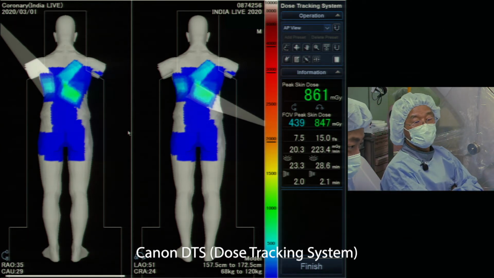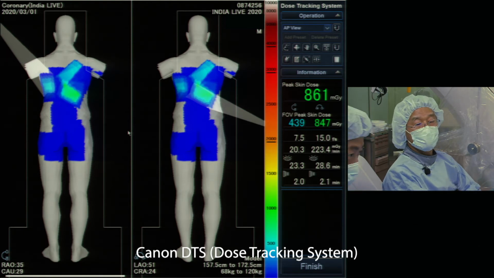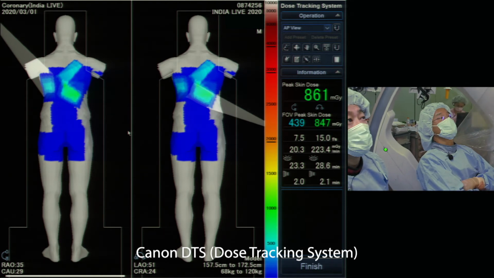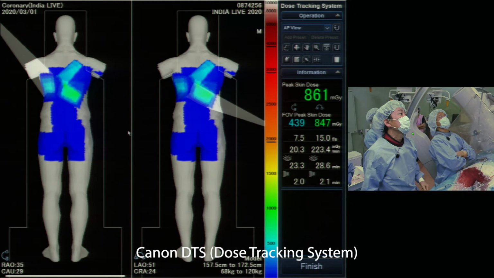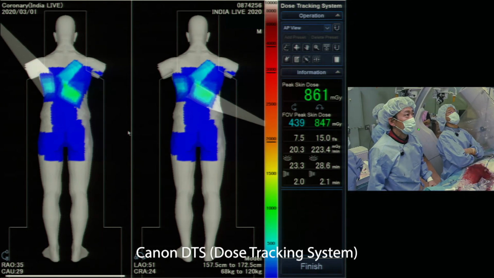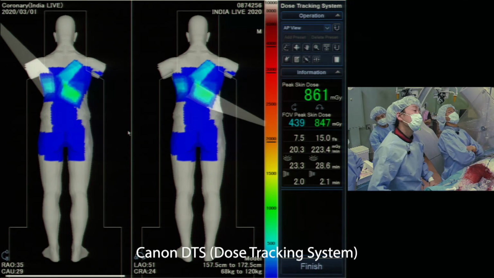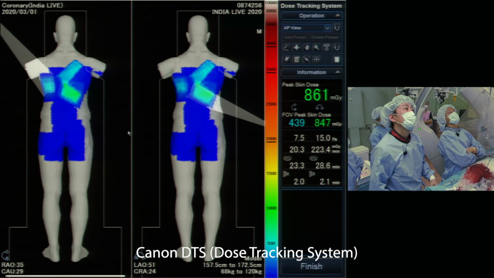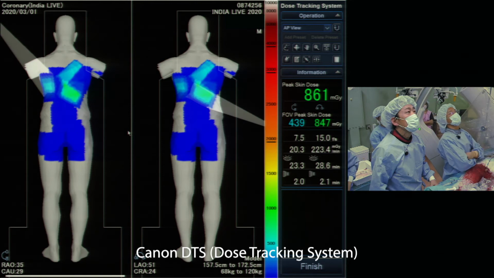Our radiation dose is 1.8 gray. But in the DTS, the skin dose is very low. You can see the blue indication, which means around there the max dose is 861 milligray, so 0.8 to 0.9 gray.